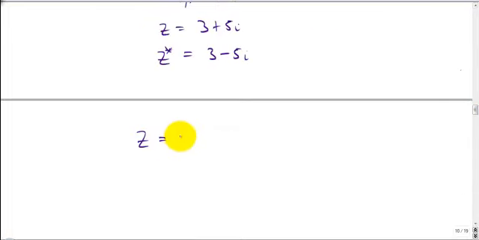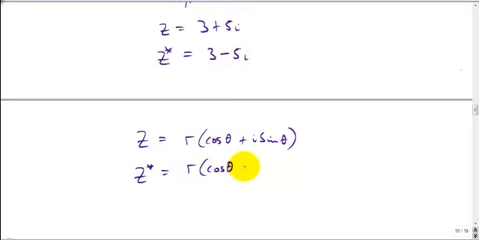Let's go to the case where we wrote it in polar form. Now z is equal to r cosine theta plus i sine theta. Now z asterisk, the complex conjugate in this case, is r cosine theta, the same as above, and this is the real part, this is the imaginary part, so it's minus i sine theta.